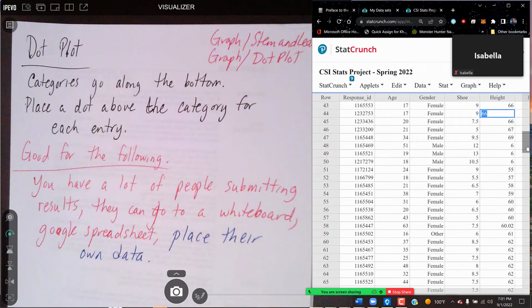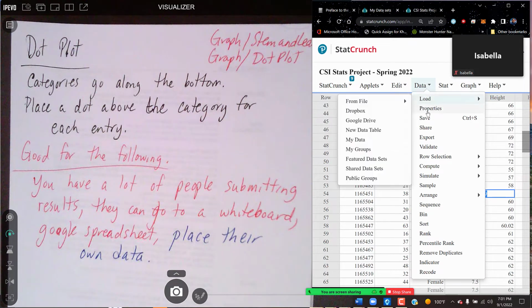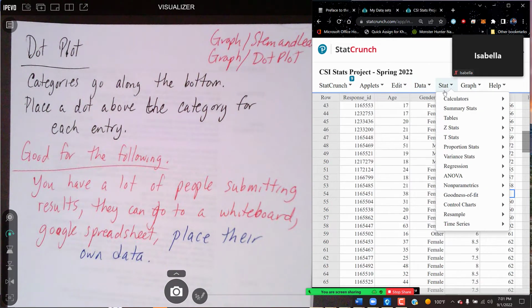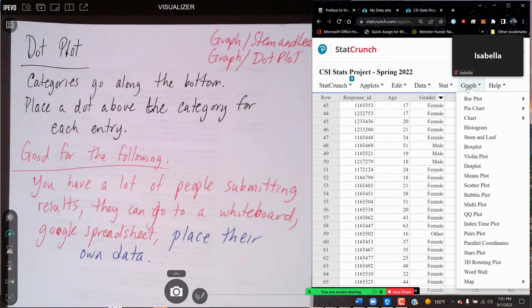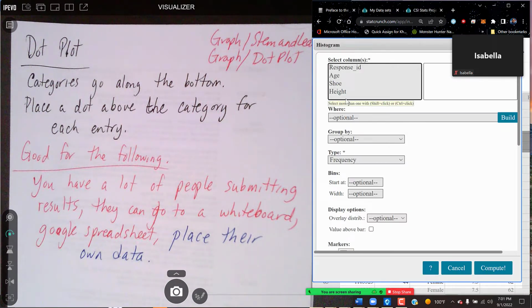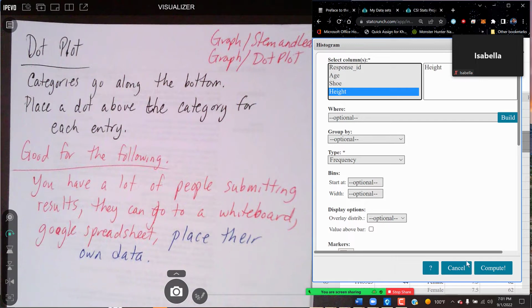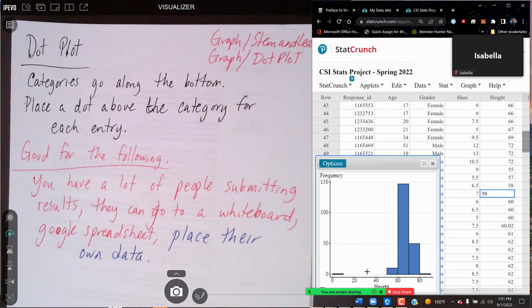And all of the 6 feet tall people were 72. So I've corrected the data. Now I'm going to go back and look at those plots again. We'll start with the histogram. I missed one. What did I miss?